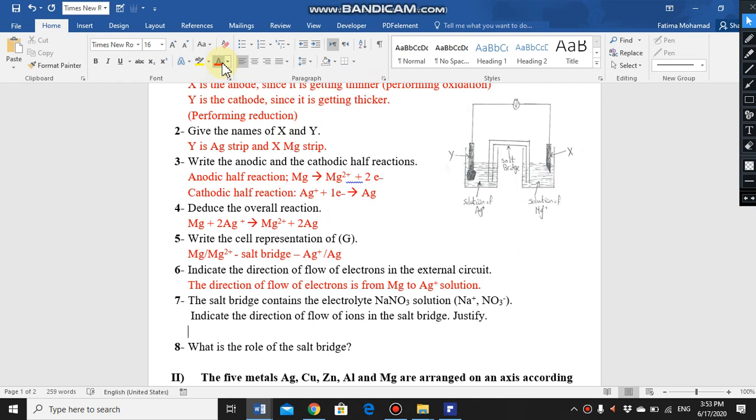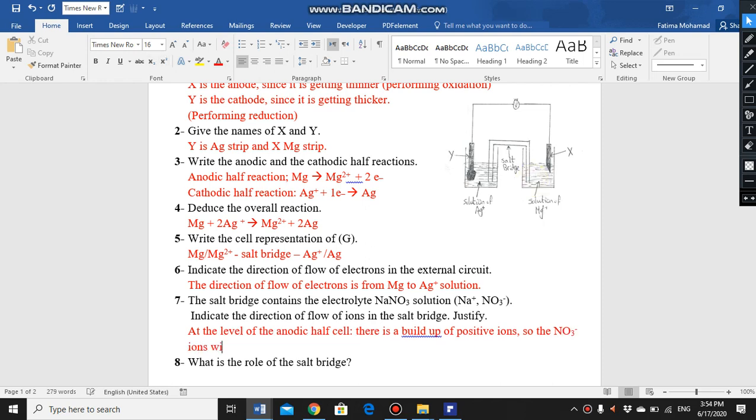At the level of the anodic half cell, NO3- ions will flow to the anodic half cell.